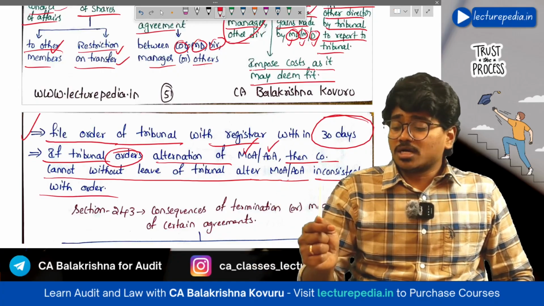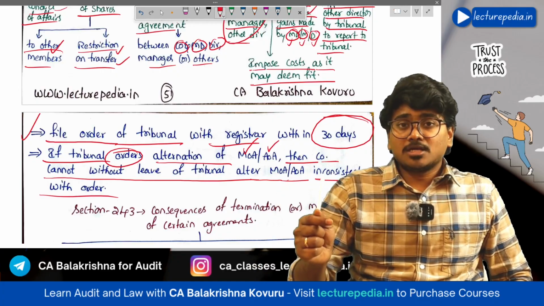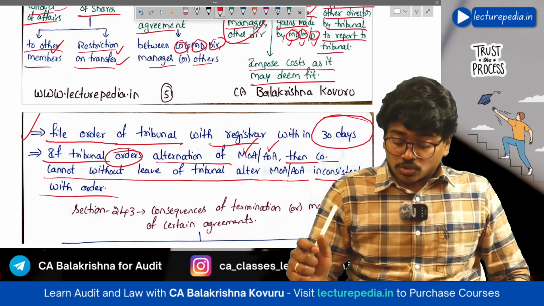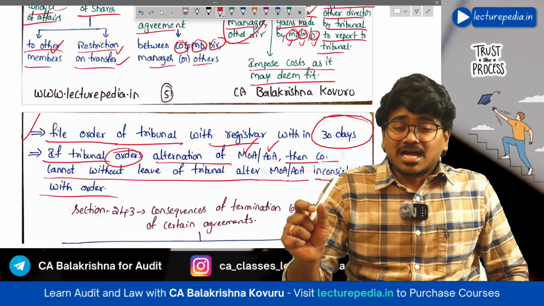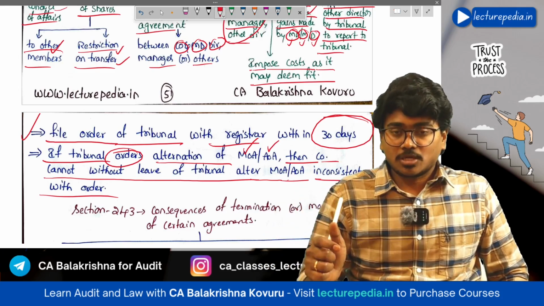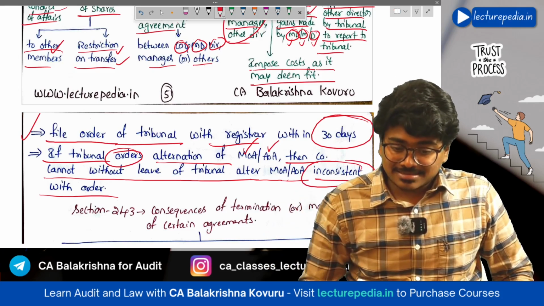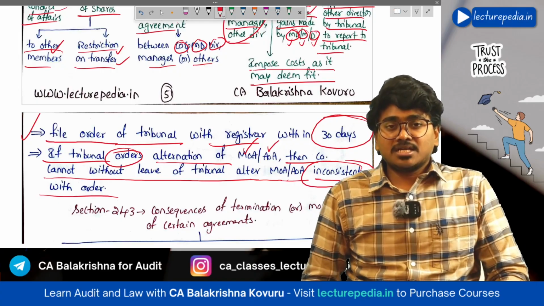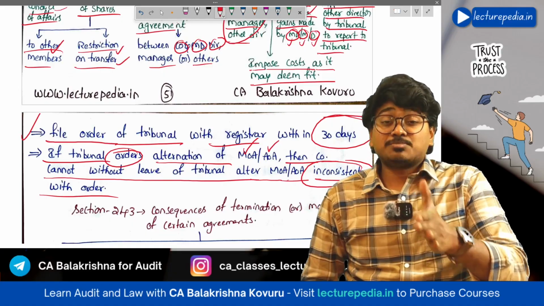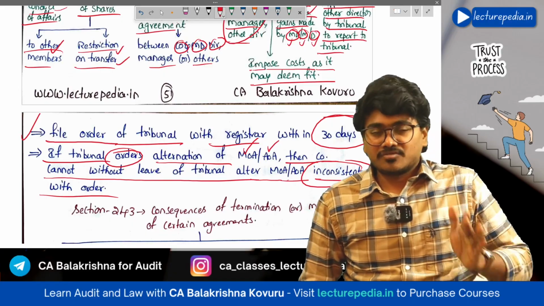It should not make any addition which is against those clauses. So the change that the tribunal has prescribed should be implemented as it is. There should not be any inconsistency in the change that the company makes in its MOA or AOA as per the order of the tribunal.